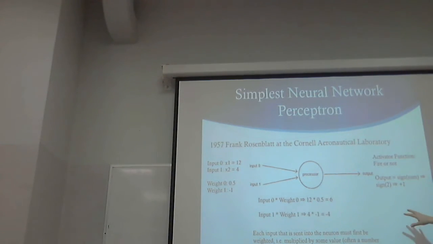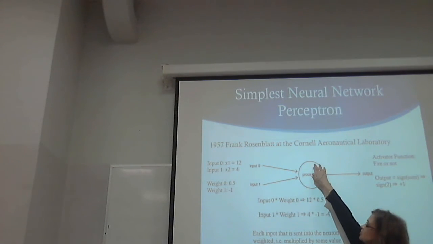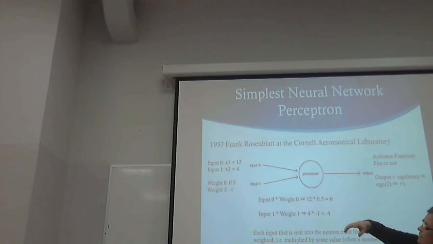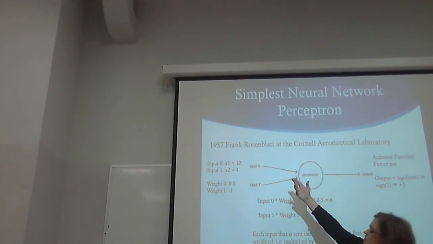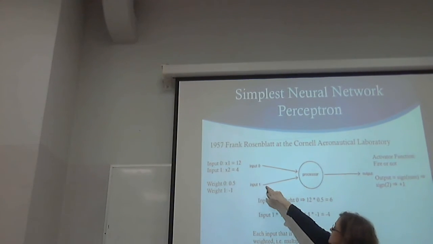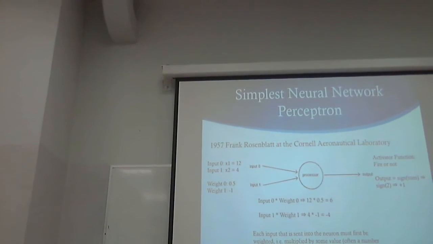So imagine the device is just one circle. It has two inputs, input 0 and input 1. There will be two input values: one input gives you a number, and the second input gives you a number.